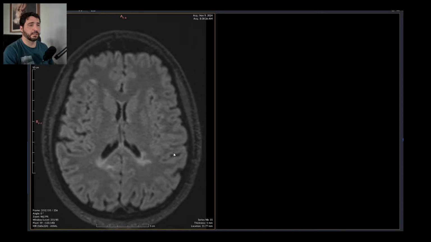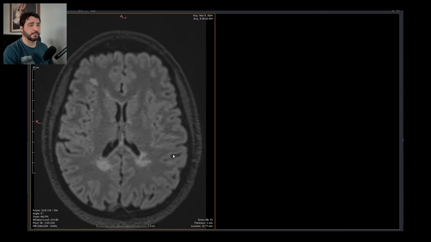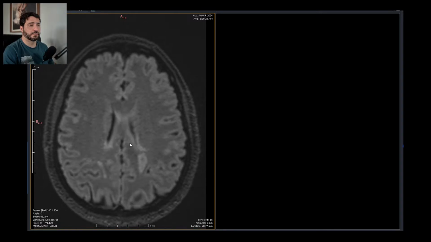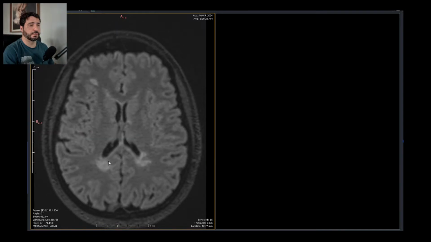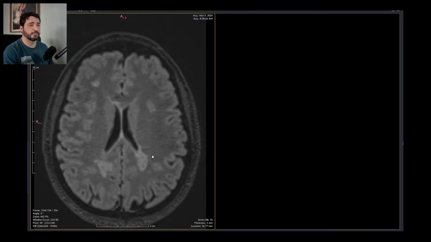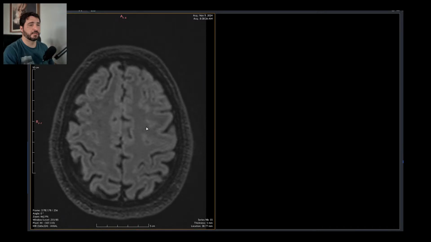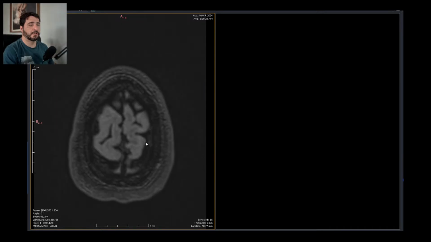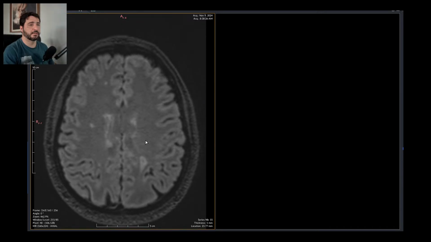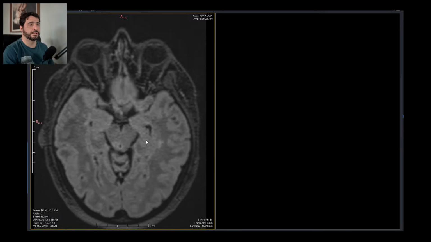They are elongated. They are mostly related to this region, really close to the corpus callosum, and also affecting the corpus callosum, so it's okay to call it demyelinating multiple sclerosis lesions.